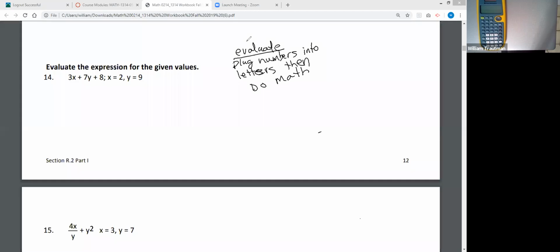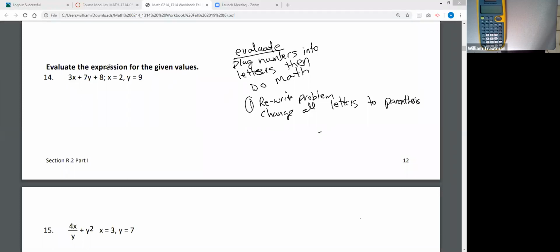Evaluate means plug the numbers into the letters and then do the math. So step 1, rewrite the problem. Change all letters to parentheses.